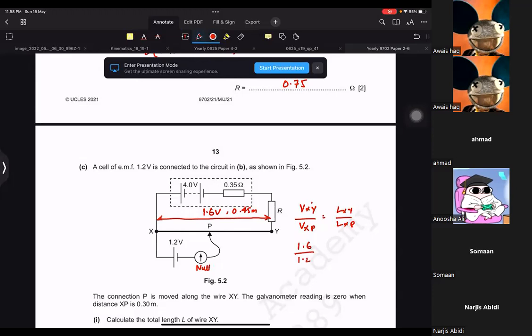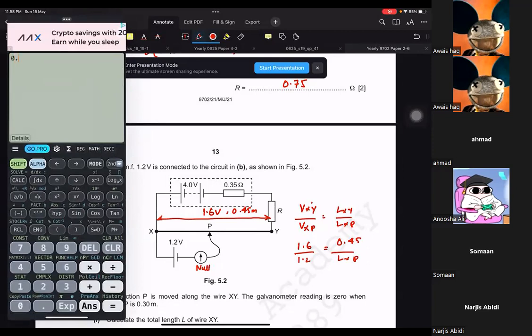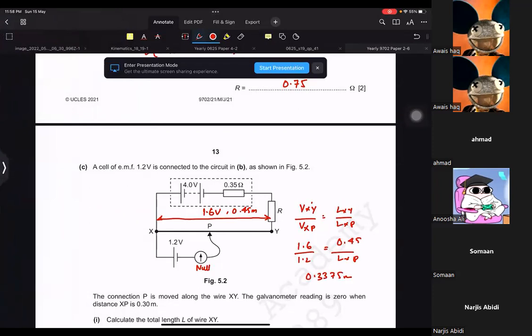We have to move so that it's equal to 1.2. So length XY was 0.45, and now we want to find XP. Now the length has to be at least this length to balance it. Do you understand what I'm saying?